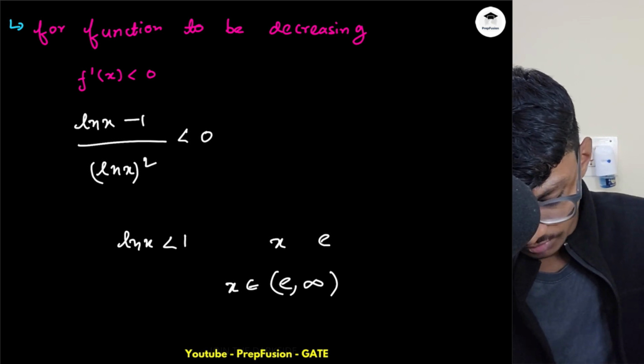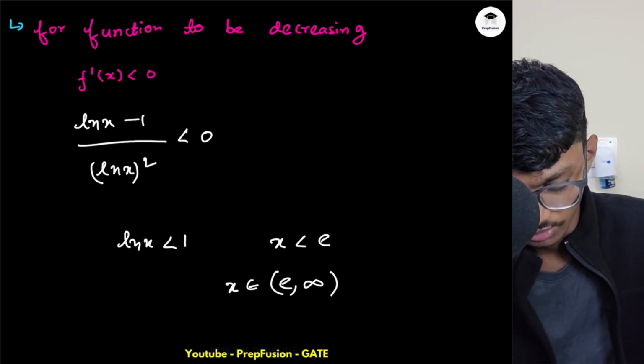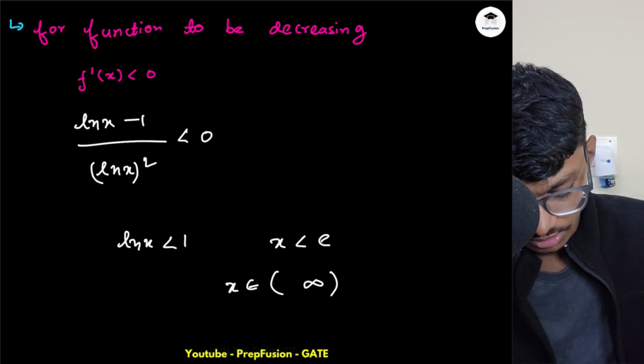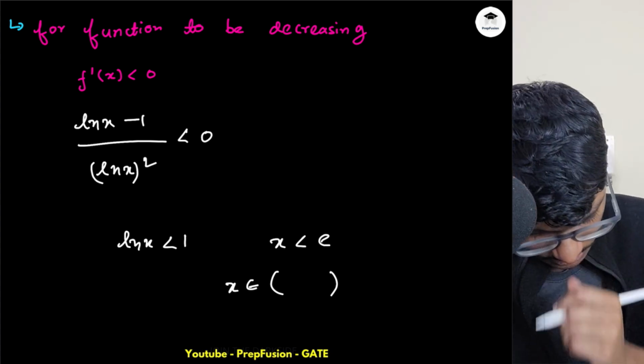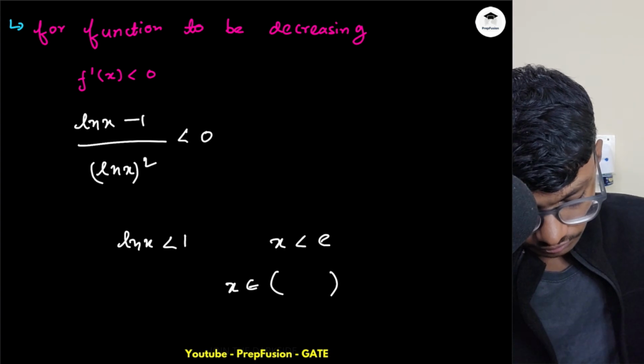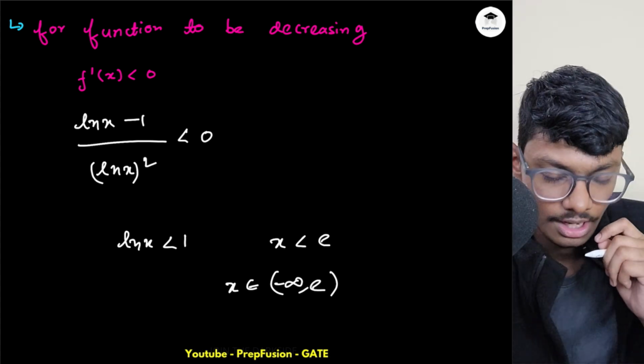So obviously my x will be what? X will be less than 1, right? X will be less than e, sorry, not 1. X will be less than e. That means the pattern will be a bit different this time. The range will be minus infinity to e.